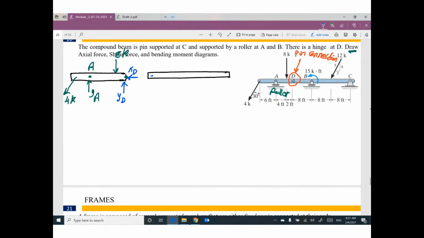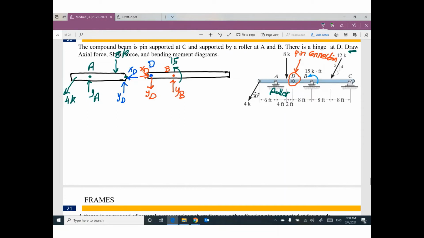Anybody can tell me how can I figure out the reaction on the other side? Do you remember? We will have the same 2 reactions, but in opposite direction. So YD will be down. XD will be to right. At point B, we have vertical reaction only, YB, and we have a given moment, how much? 15.